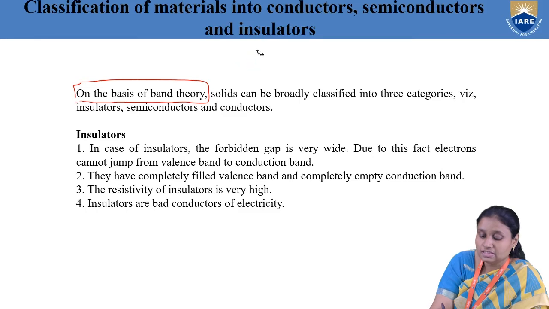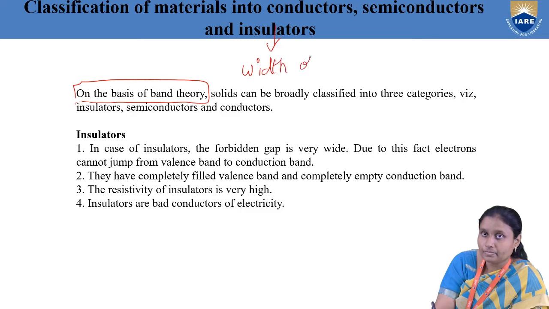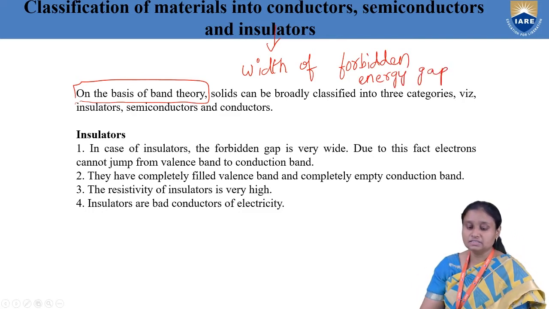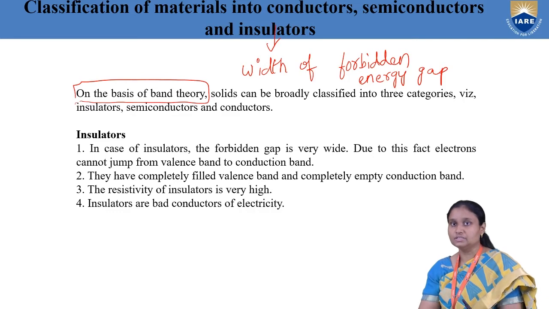Based on the width of the forbidden energy gap, we have these three types: insulators, semiconductors and conductors.